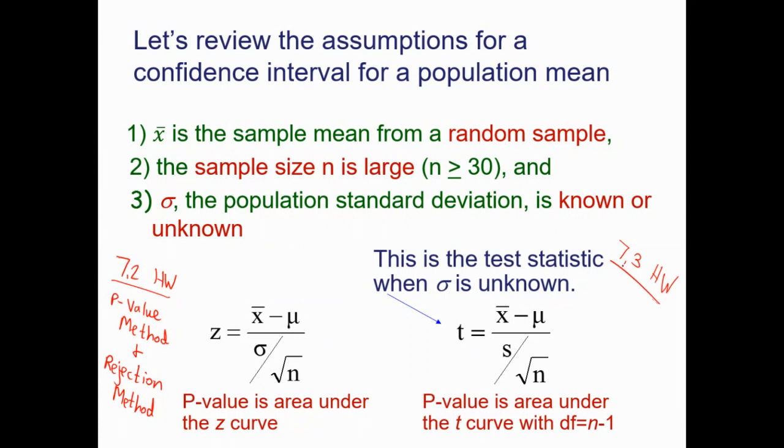On the 7.3 homework, you'll just have to worry about the rejection region method. So you only have to worry about one method on the 7.3 homework.